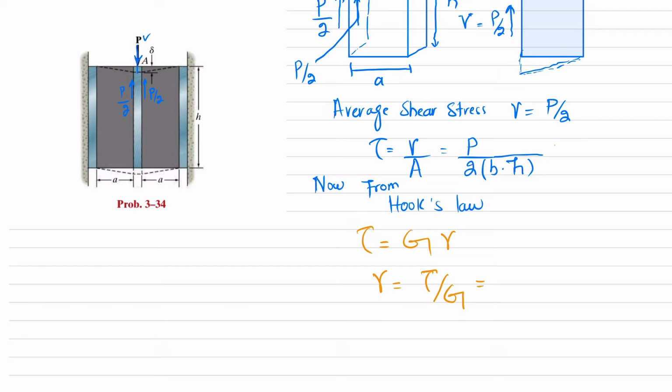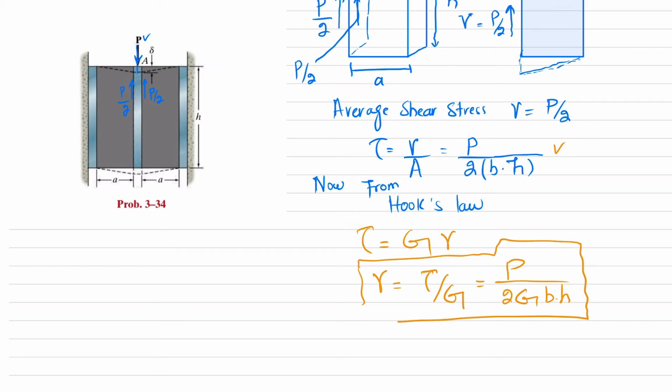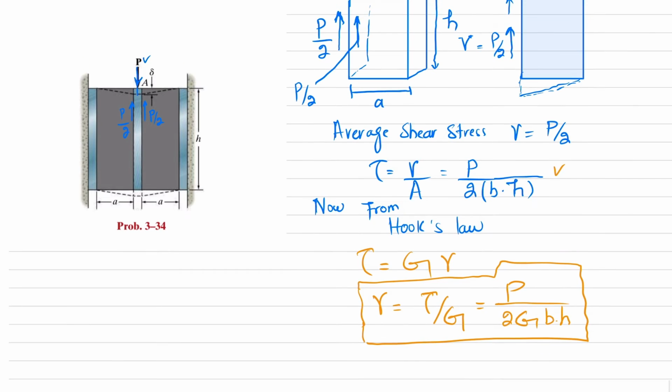You have the shearing stress, so it will be equal to P divided by 2G into b into h. This will be your shearing strain. As you can see, this is a, this is gamma, and this is the deflection which you are interested in finding.